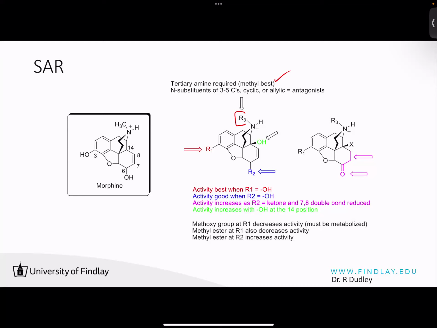And then when you introduce cyclic alkyl groups or even an allylic group, what you end up producing is not agonists, but rather antagonists.